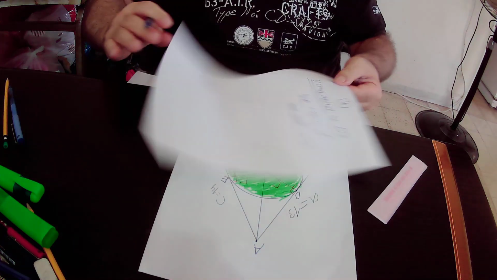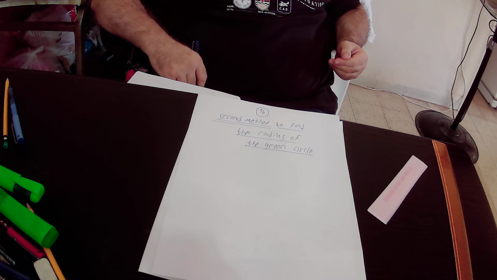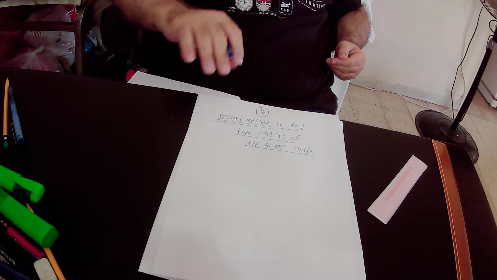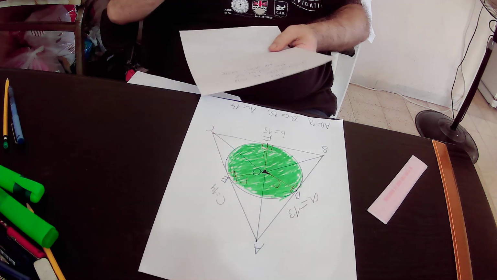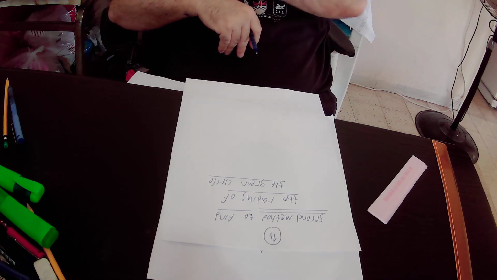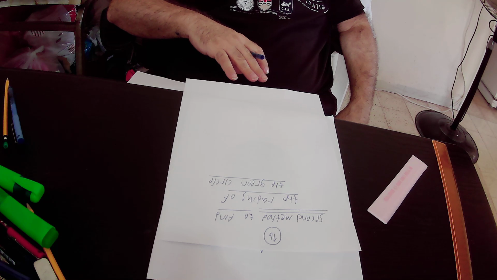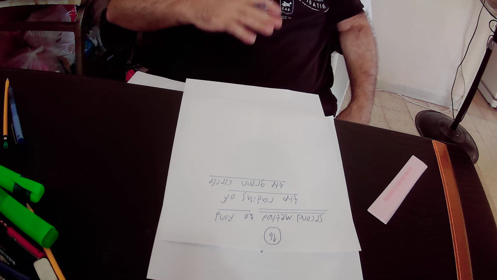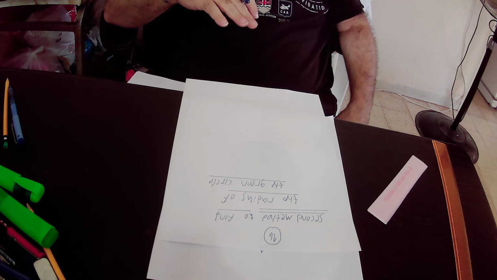Again, I will present you the second method to find the radius of the green circle. Okay, so actually we can use this method in any circle that is inscribed inside a triangle.